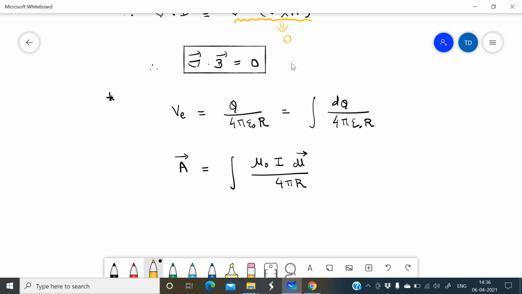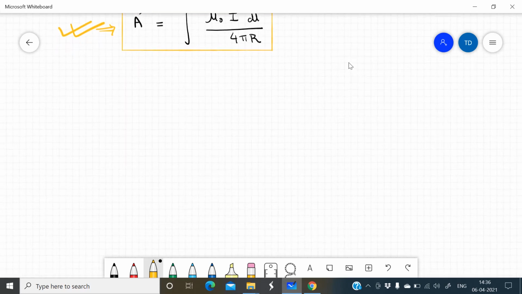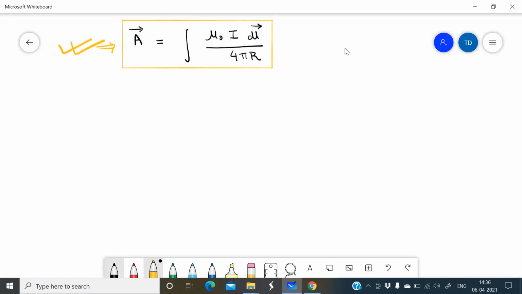Now we will see how this equation comes. Vector A is equal to integration mu 0 I dl upon 4 pi r. Let us prove this equation using the theory of Biot-Savart's law.